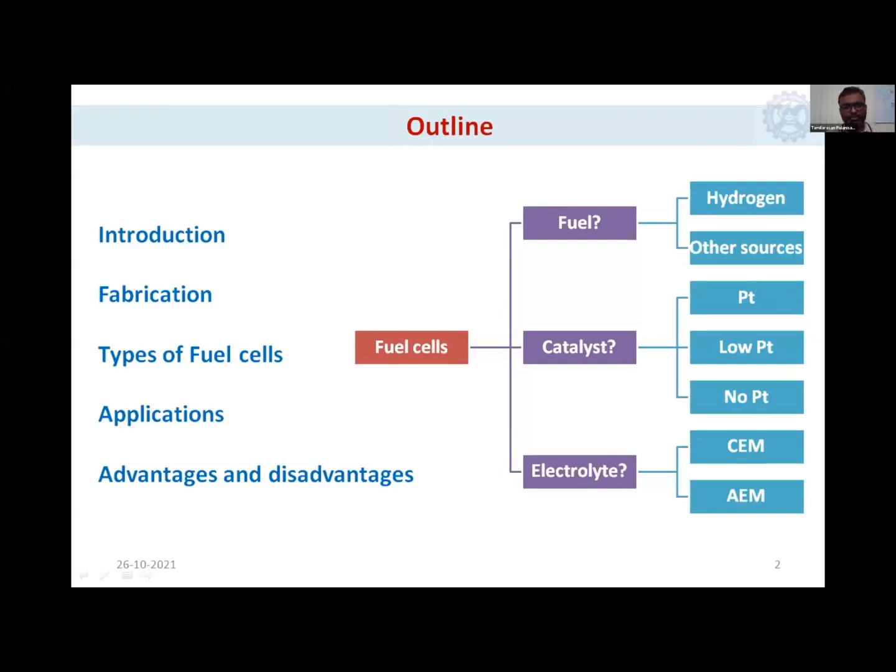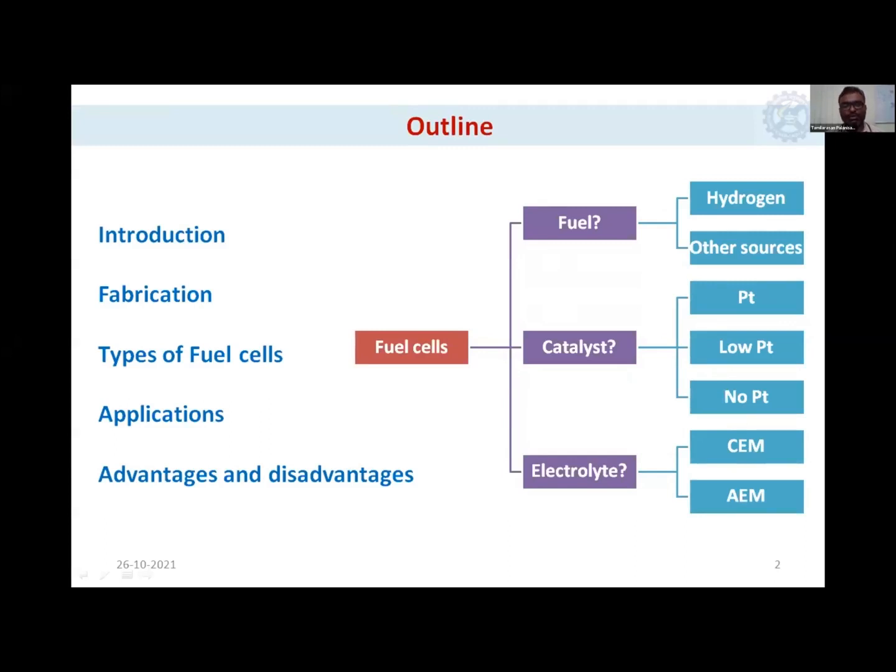Mainly the fuel cells are named or termed based on their electrolyte, what kind of electrolyte we have used in that device. And if you want to group all these electrolytes, you can group them into two major categories: cation exchange medium and anion exchange medium.